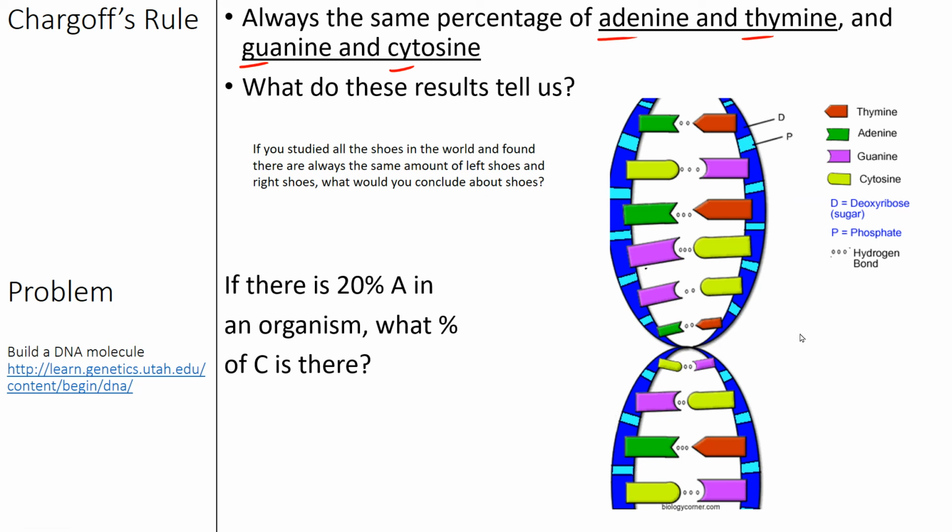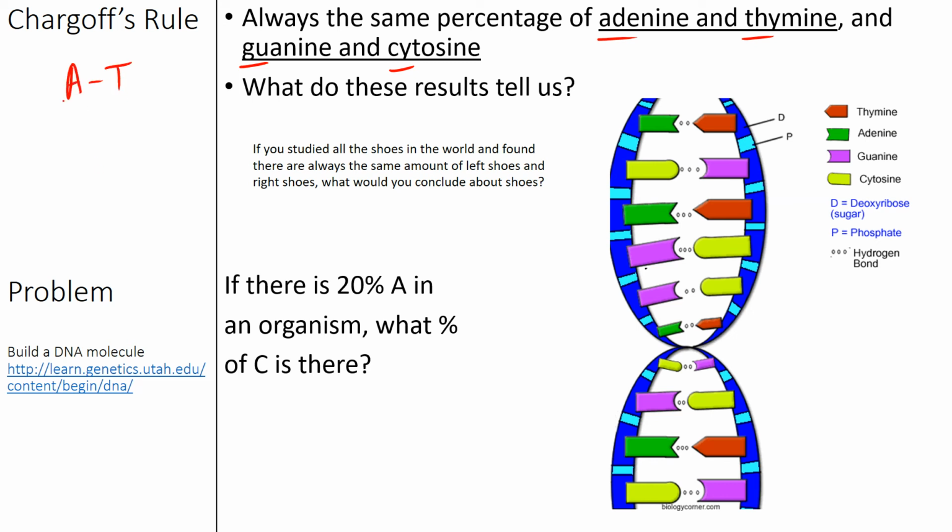It says, if there is 20% adenine in an organism's cells, if you break open the cells and you count the percentage of adenine, the A molecule, what percentage of cytosine is there? Okay, so under Chargaff's rule here, you can put this pairing rule.